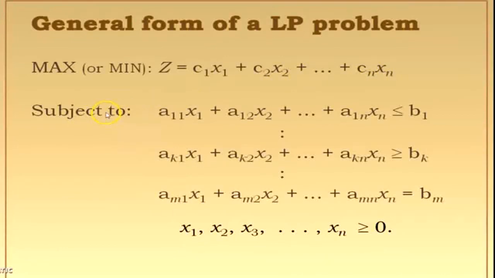Subject to a group of constraints. The number of constraints depends on the problem. The constraint can be either an equation or inequality. The last line is the boundary of every decision variable.